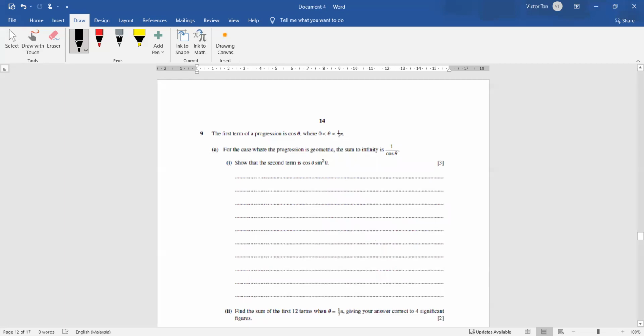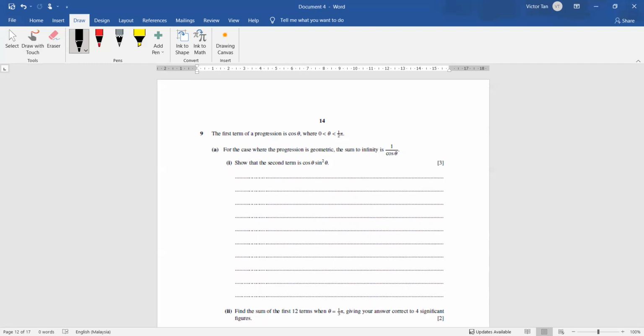The first term of a progression is cos theta. Now, theta lies in the first quadrant, between 0 and half pi. For the case where the progression is geometric, the sum to infinity is 1 over cos theta. They show that the second term is cos theta sine square theta.